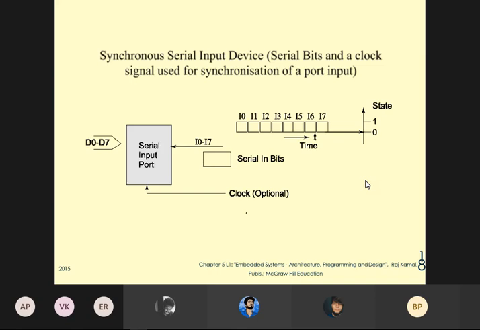So synchronous communication is nothing but sending the data along with the clock pulse. So the data speed will be represented in terms of the clock pulse. One clock pulse, how much time does it take? Suppose it is taking t seconds, then your data speed will be 1 by t. You will represent it in terms of bits per second, so the time will be in the denominator.